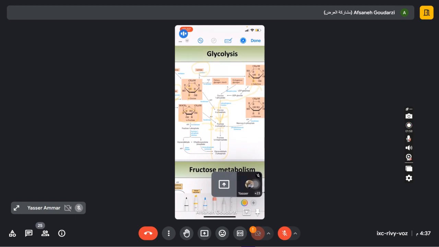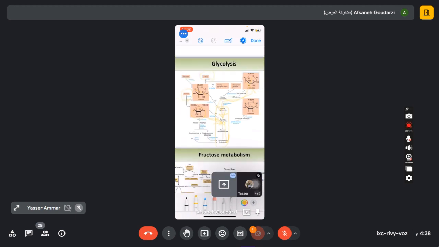So the message of this slide is that glycolysis does not need only glucose. It could be performed by the entrance of galactose or fructose as well. Regarding fructose, fructose changes to fructose 6-phosphate and continues glycolysis, whereas galactose should be changed at the beginning to glucose, and as glucose, it enters the glycolysis pathway.